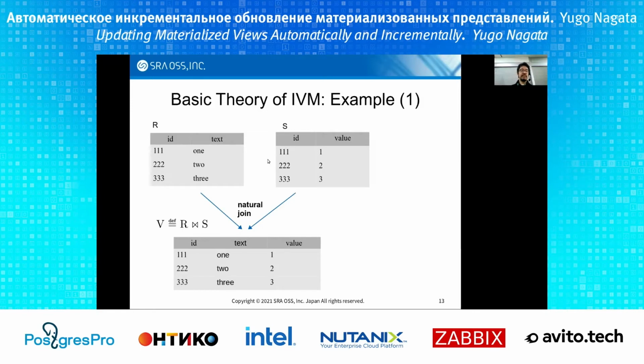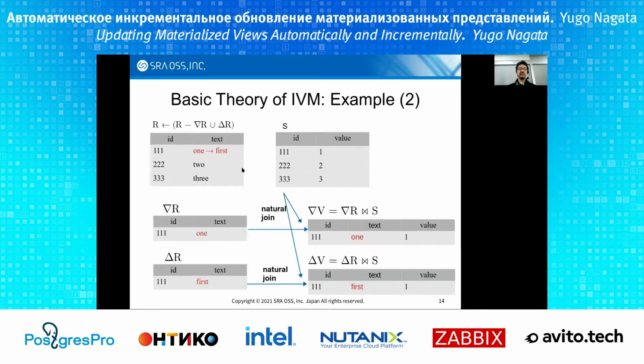Using this example, there's two tables, R and S. And this is a natural join of them, V. When R is updated, now R and delta R is like this.